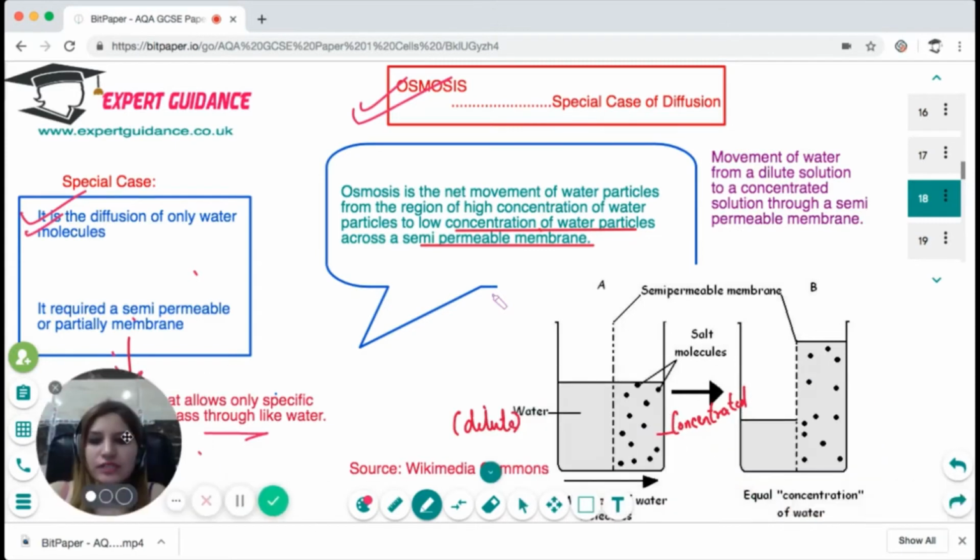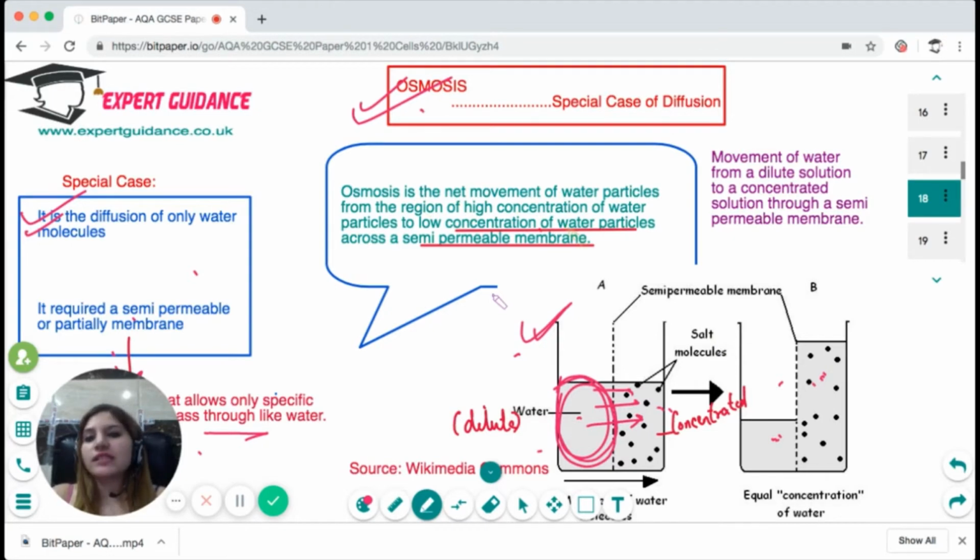Now, if you see this diagram here, the water is more on the left because there's no solute. On the right, there are salt molecules, so it has less water. So water from the dilute solution, dilute means has more water, passes into the concentrated solution through this semi-permeable membrane until the water concentration is equal on both sides, and this is known as osmosis.